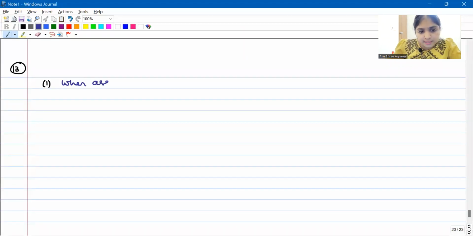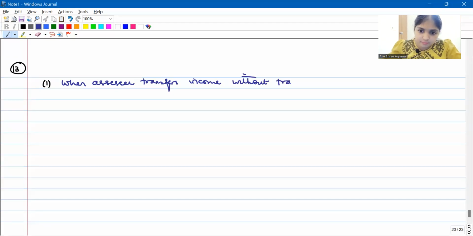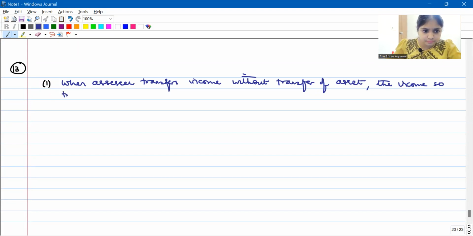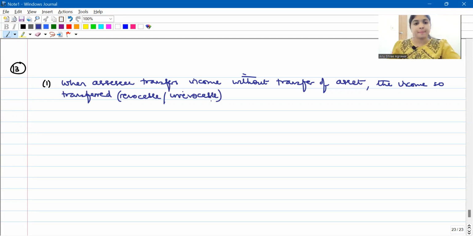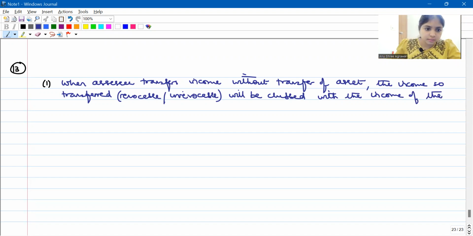When assessee transfers income without transfer of asset, the income so transferred (in brackets, revocable or irrevocable) will be clubbed with the income of the transferor.